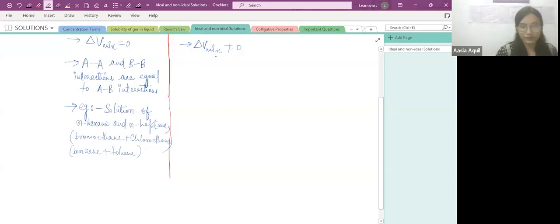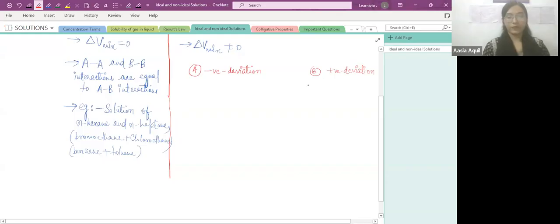The vapor pressure of these solutions could show negative deviation or positive deviation. They sometimes ask to differentiate between ideal and non-ideal solutions, so it's again an important topic.